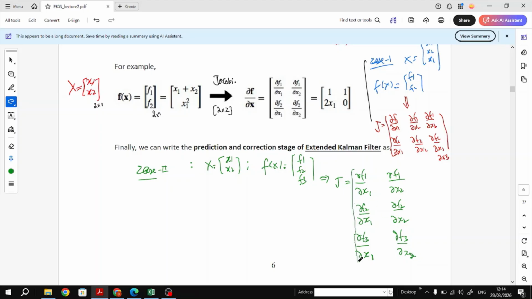So in this case, your Jacobian matrix dimension will be 3 rows and 2 columns. This is how you can properly find the dimension of your Jacobian matrix. If you calculate wrongly, it will affect your calculations, and your state estimation will not be correct. So you must pay attention to the calculation of the Jacobian matrix and its dimensions.